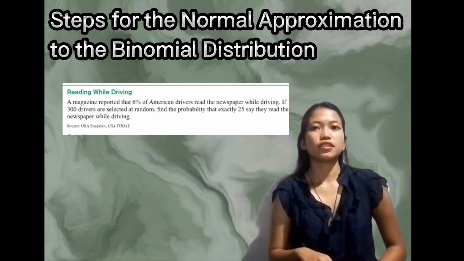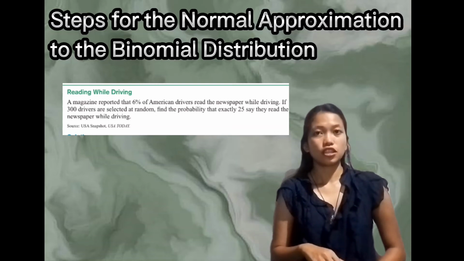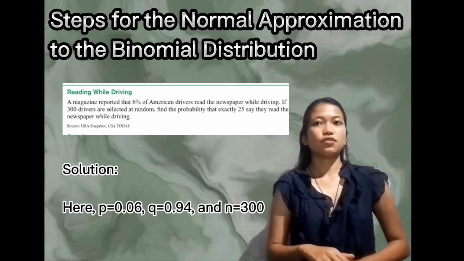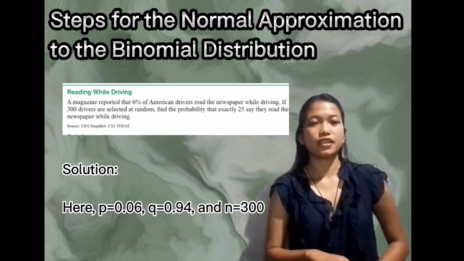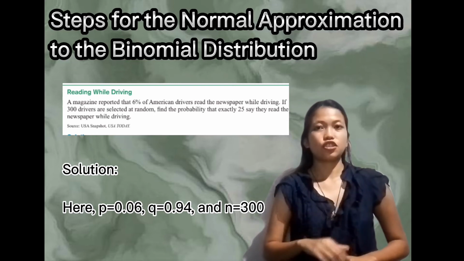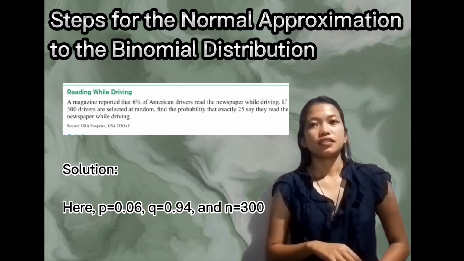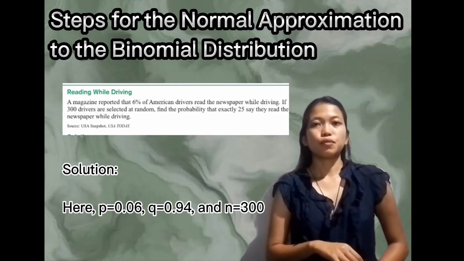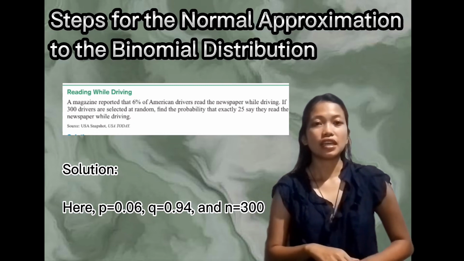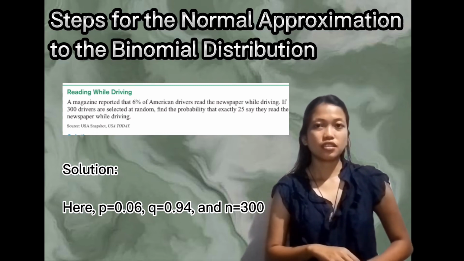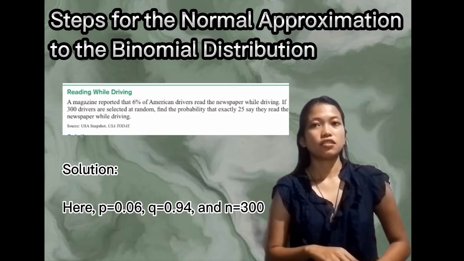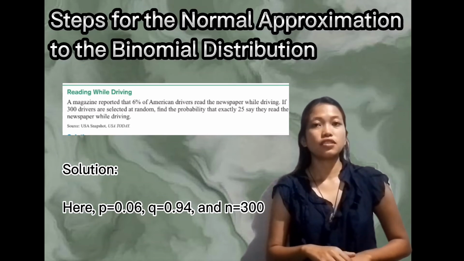If 300 drivers are selected at random, find the probability that exactly 25 say they read the newspaper while driving. So first, let us identify the given terms. So, p, or the probability of success, is 6%. Now, we convert it to decimal form by dividing it by 100. So, p is equal to 0.06.